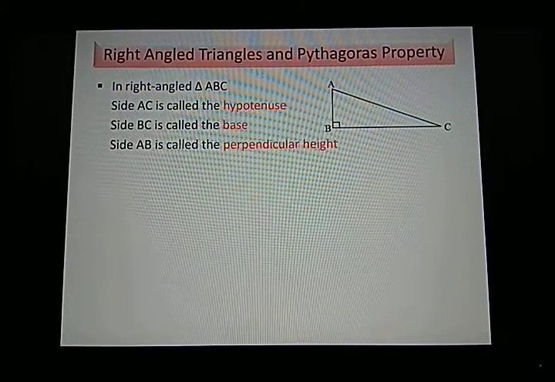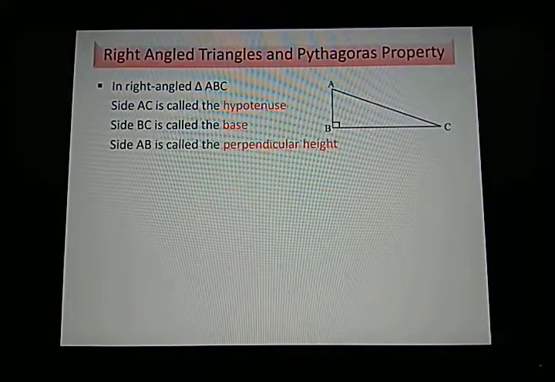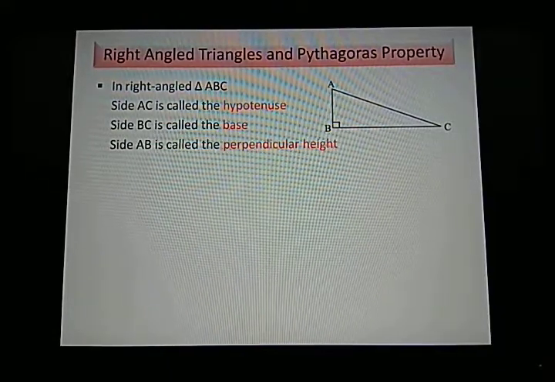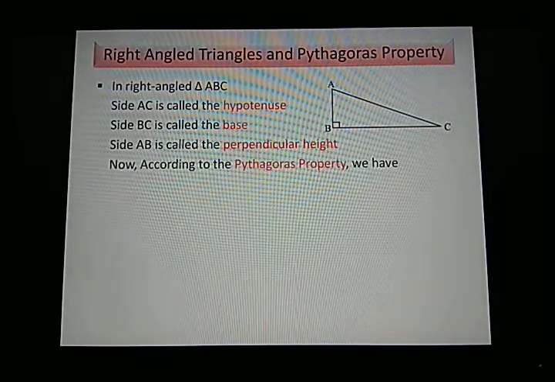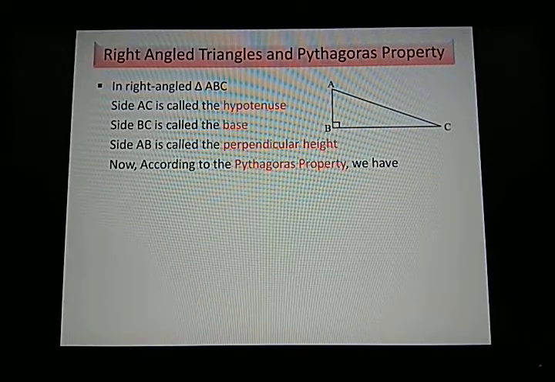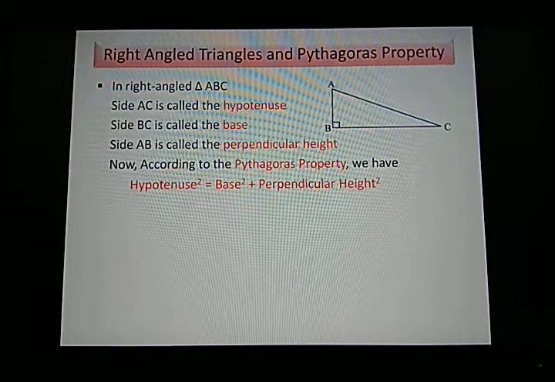Now let us come to the Pythagoras property, which is also sometimes called Pythagoras theorem. We are not going to the theorem here, which is obviously the same thing, but we are giving the name Pythagoras property. So let us see what the Pythagoras property has to say. According to the Pythagoras property, hypotenuse square is equal to base square plus perpendicular height square.